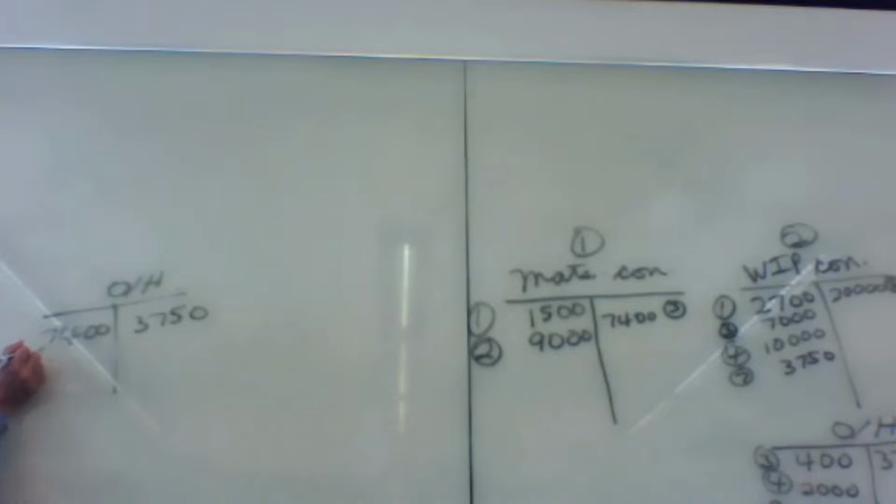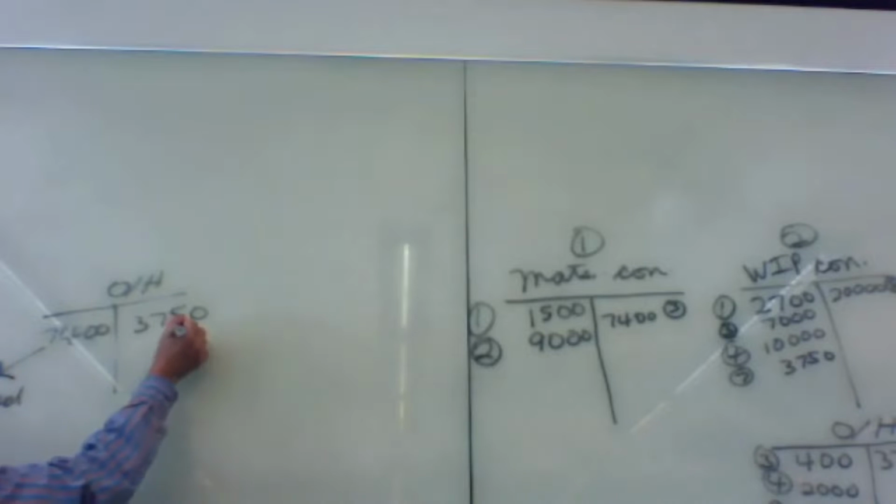So this 7,400 is the amount we've incurred, and the 3,750 is the amount that we've allocated.